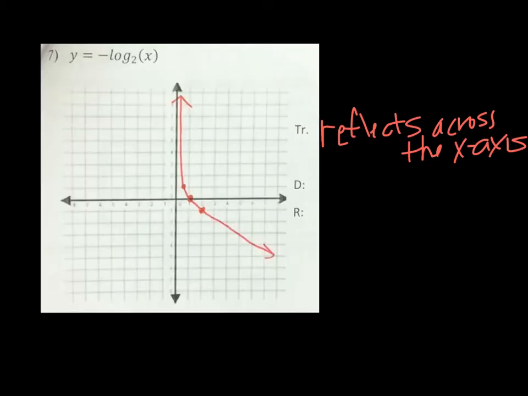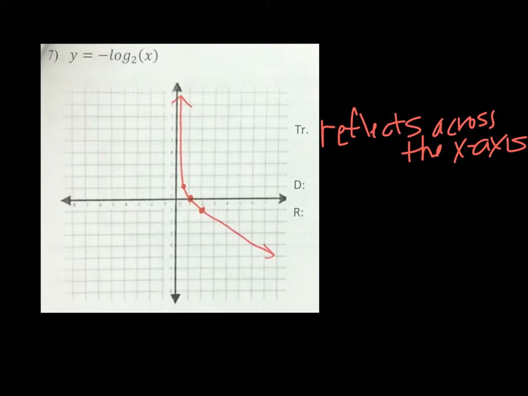And here it is. It's been turned upside down. Our point that was at 1/2, -1 is now 1/2, +1. Our point that was at 2, +1 is now at 2, -1. Nothing happened to our asymptote. We just flipped it upside down.